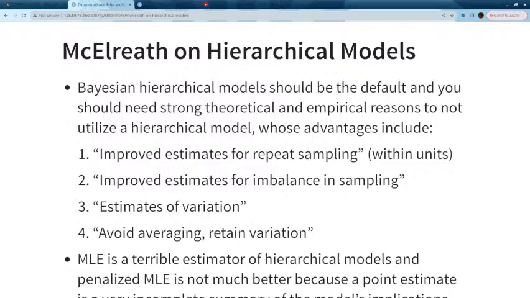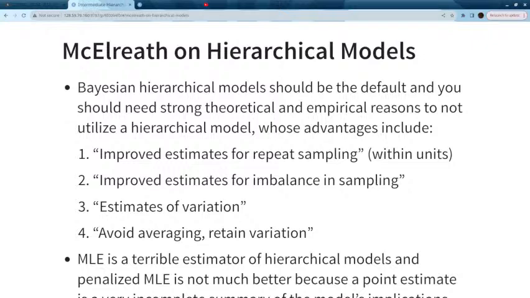So McElreath comes out and says, at the beginning of the book, at the end of the book, hierarchical models should be the default. You need a strong theoretical and even stronger empirical reason to not use a hierarchical model, which have several advantages. You get better estimates if you have repeat sampling on the same people.